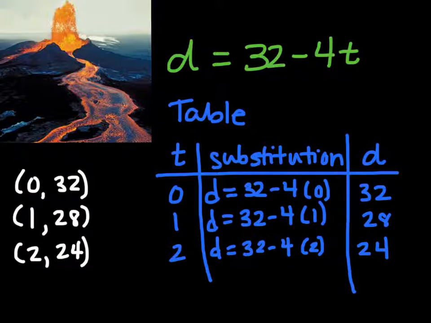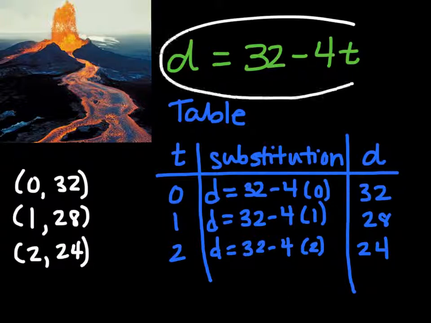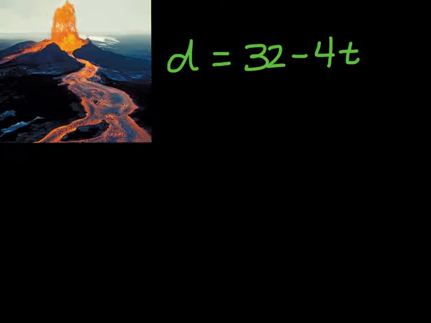If we wanted to find out how long it took for the lava to reach the ocean, we would need to create an equation in which d equals 0. So for what value of t would d equal 0? All right, well, let's go ahead and solve for t in this equation here. Let's rewrite the equation with d equal to 0.